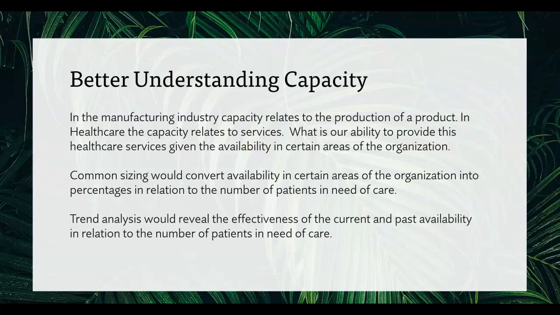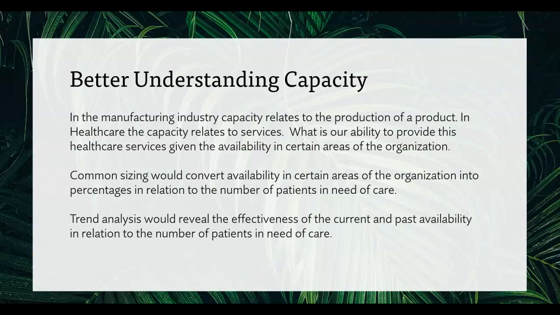So the first thing we're going to do is utilize common sizing, which is where we convert the availability in certain areas of the organization into percentages. So, for example, the percentage of patients to nurses or the percent of patients to healthcare providers. This is important.